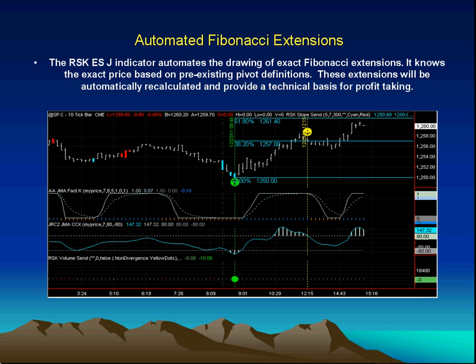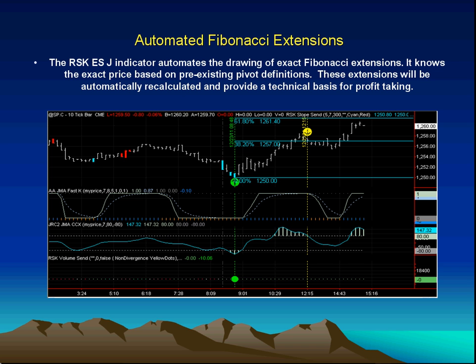We see weakness in the indicators and a good opportunity to take your profit. At least your first one. Maybe you're trading multiple contracts, so you take a little bit off the table and leave the rest for perhaps the next Fibonacci extension line. All of this happens automatically.